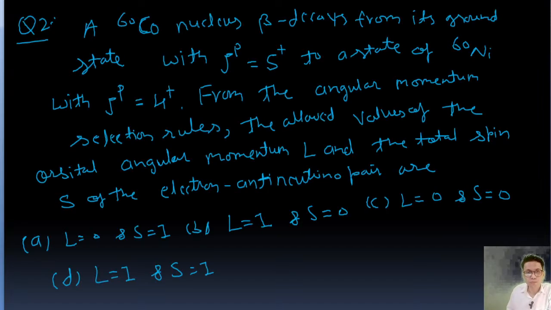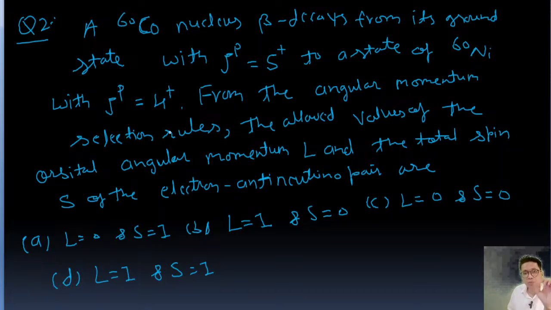Okay. So the question is, a 60 cobalt nucleus beta decays from its ground state with Jp equal to 5 plus, to a state of nickel with Jp equal to 4 plus, spin parity.